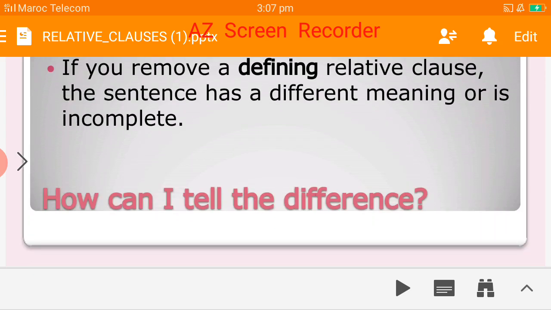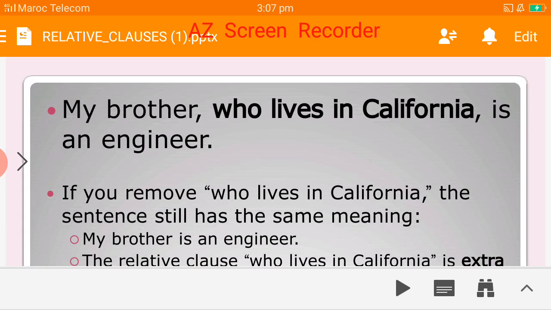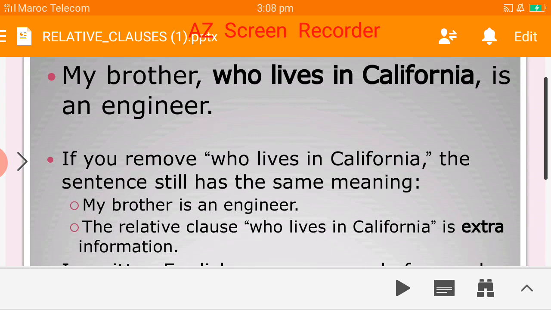How can I tell the difference? My brother, who lives in California, is an engineer. If you remove who lives in California, the sentence still has the same meaning. My brother is an engineer. The relative clause, who lives in California, is extra information.